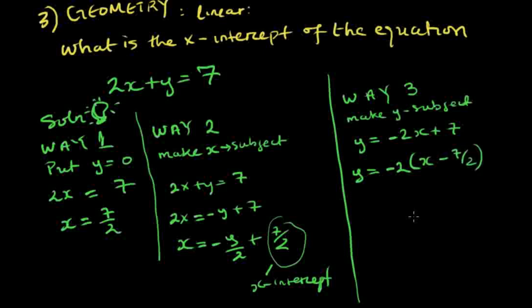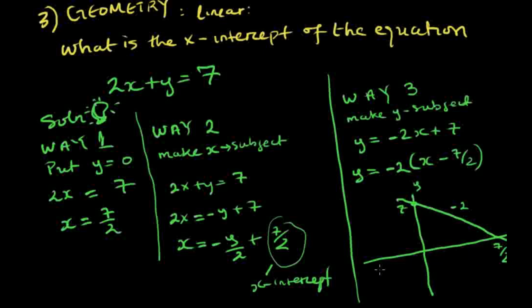Now if we illustrate this particular function on a graph, we're going to be getting this. Here will be 7, and here will be 7 over 2. Is that okay? And the slope, of course, is minus 2. So this is y, and this is the x-axis.